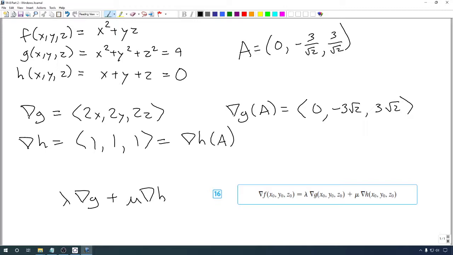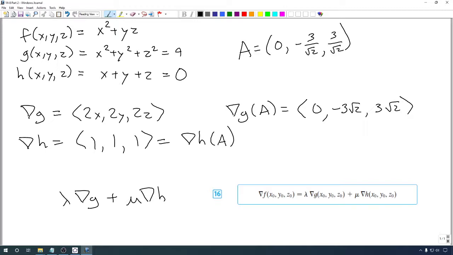Now, one thing I will note, and the book doesn't write this out like it did the previous one. You kind of have to read through the entire paragraph that they spent explaining all this, which I don't know if that really explained everything to you, but the main things we have to worry about here: we needed the gradient of g to not be 0 at the point for our single constraint problems.